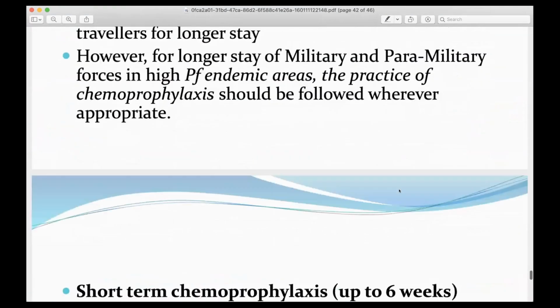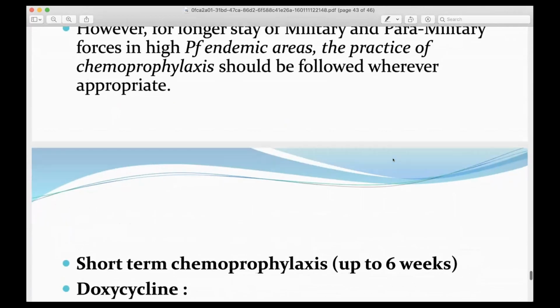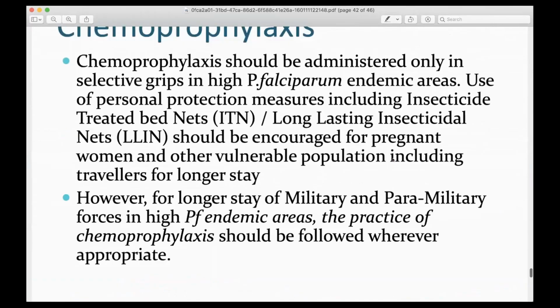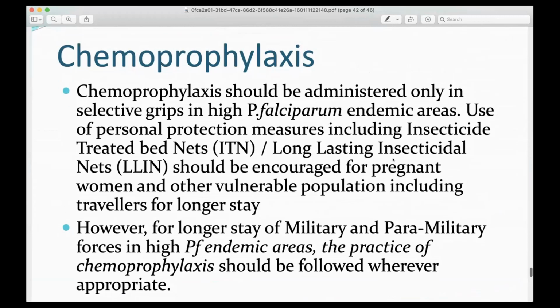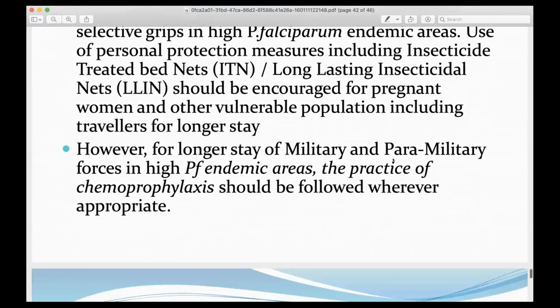Okay, and short-term chemoprophylaxis up to 6 weeks: for whom will you give chemoprophylaxis? Chemoprophylaxis should be administered only in selected groups in high Plasmodium falciparum endemic areas. Use personal protection measures including nets, and long-lasting insecticidal nets if available.